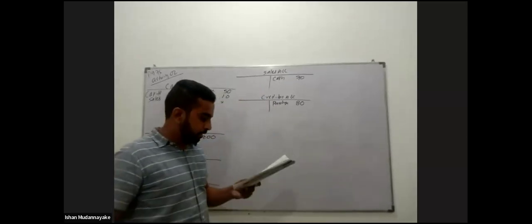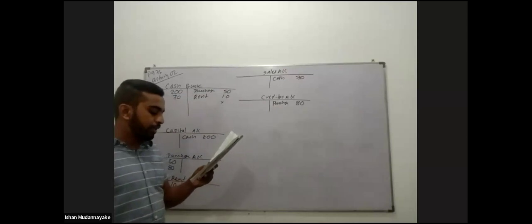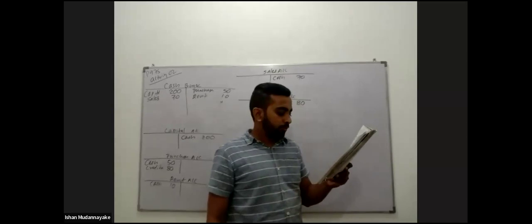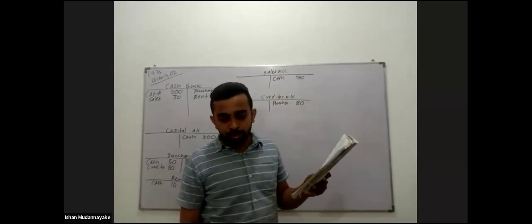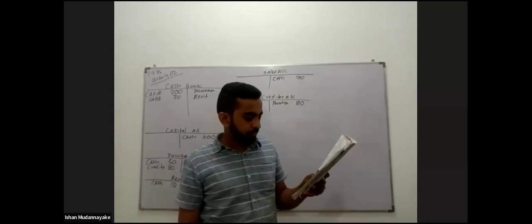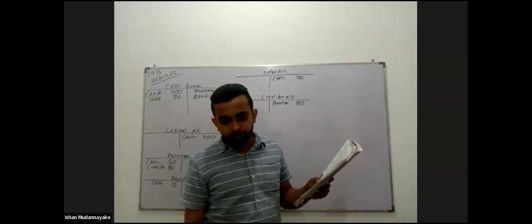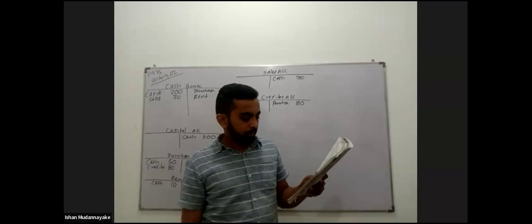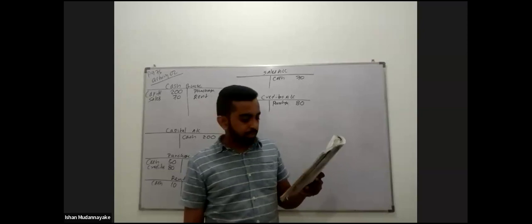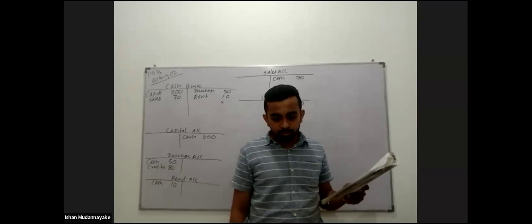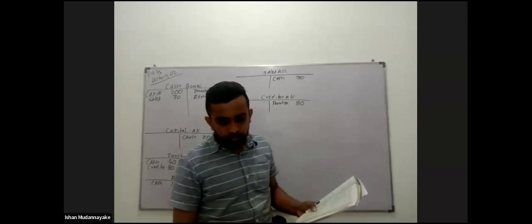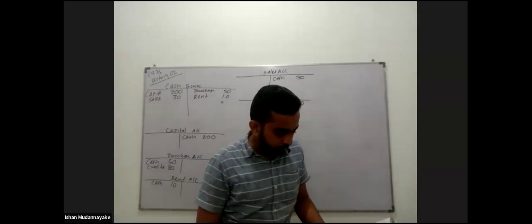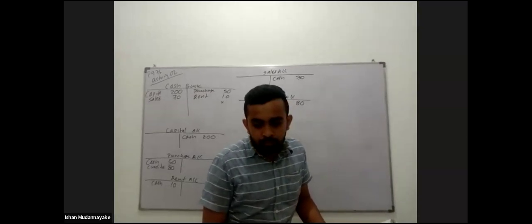Next transaction. The owner withdrew money for personal use, 10,000. How to pass the double entry for the sixth one? Drawings account debit 10,000, cash account credit 10,000.